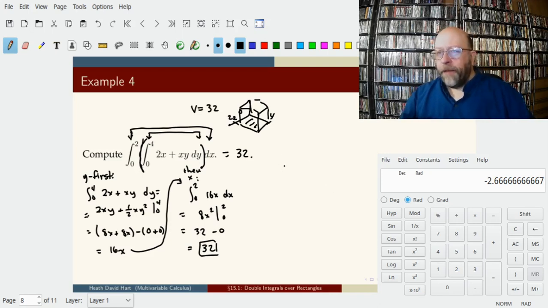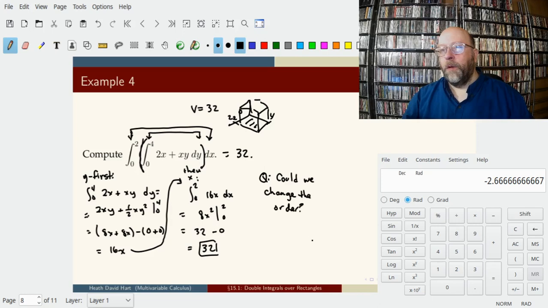Okay? So the big question I want to go over is, what if we had integrated x instead of y first? Could we change the order? And so let's try it and find out.